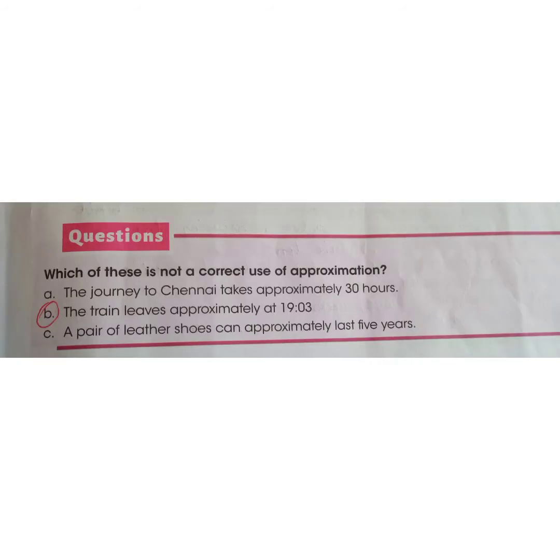Next question from page number 31. Which of these is not a correct use of approximation? First one: a journey to Chennai takes approximately 30 hours. The train leaves approximately at 19:03.